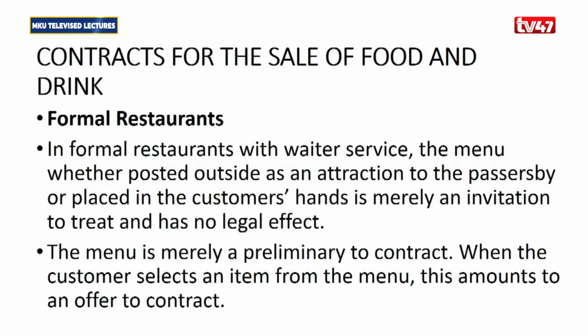In a formal restaurant with waiter service, the menu, whether posted outside as an attraction to the passerby or placed in the customer's hand, is merely an invitation to treat and has no legal effect. That means that once the customer enters the restaurant premises, the customer will be offered a menu.